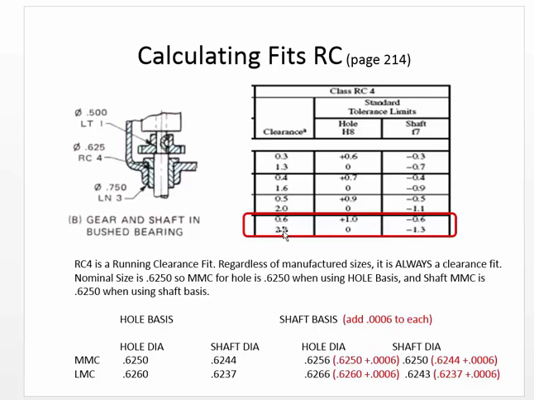Add those together, you get 2.3 thou, and that's the value you get over here. If you just come down and actually do the math down here, max material condition, if you subtract 624 and 4/10 from 625, you get 6/10. That's your 6/10. If you subtract 623 and 7/10 from 626, you get 2 and 3/10. So it's possible to check your work after the fact by looking at those values.